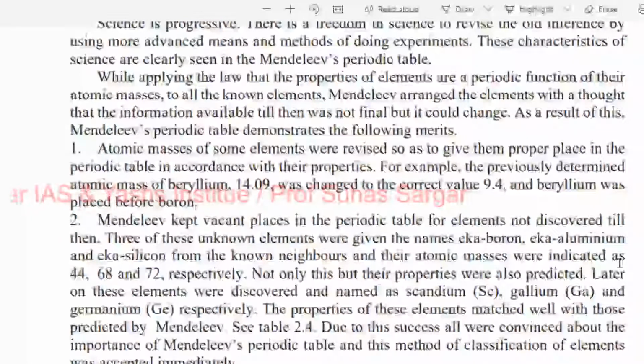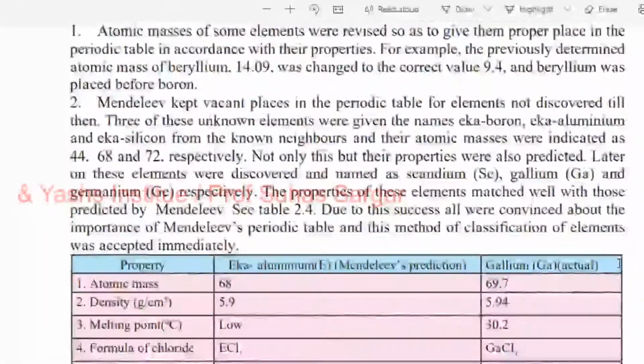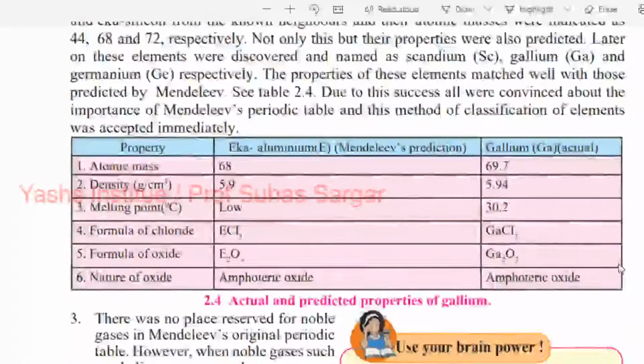The properties of these elements match well with those predicted by Mendeleev. See Table 2.4. Due to this success, all were convinced about the importance of Mendeleev's periodic table, and this method of classification of elements was accepted immediately. See the chart, actual and predicted properties of gallium.